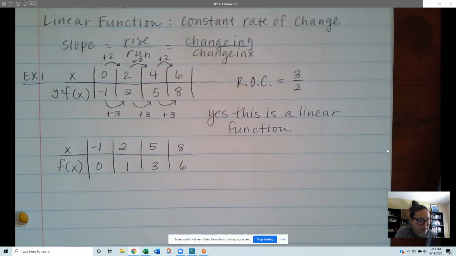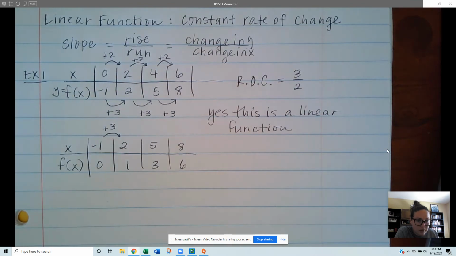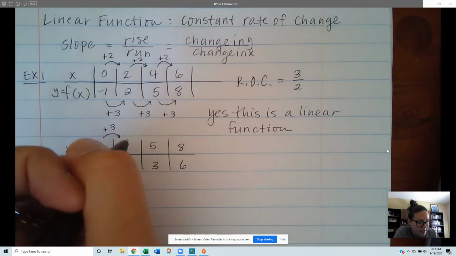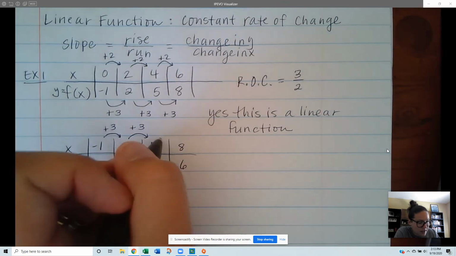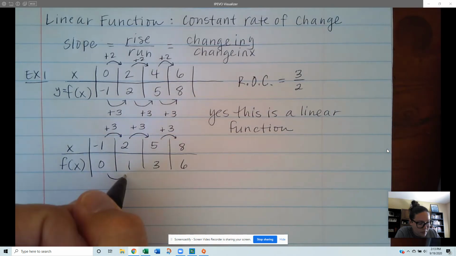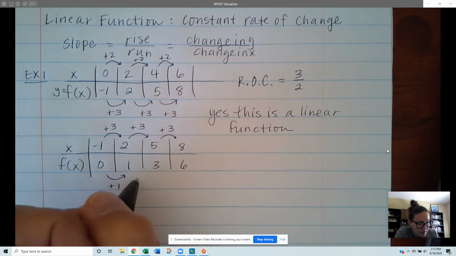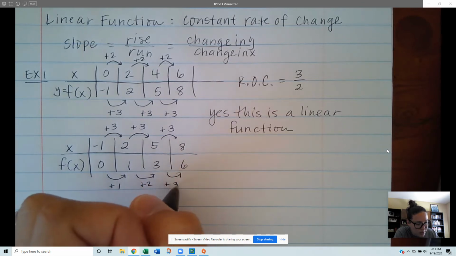So now we check. What's my change in x? From -1 to 2, it's adding 3, again adding 3, and again adding 3. And what's happening here? Plus 1, then plus 2, then plus 3.